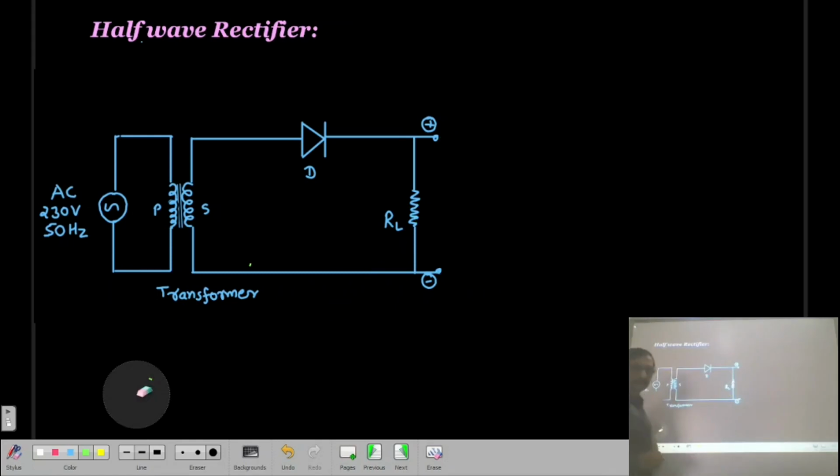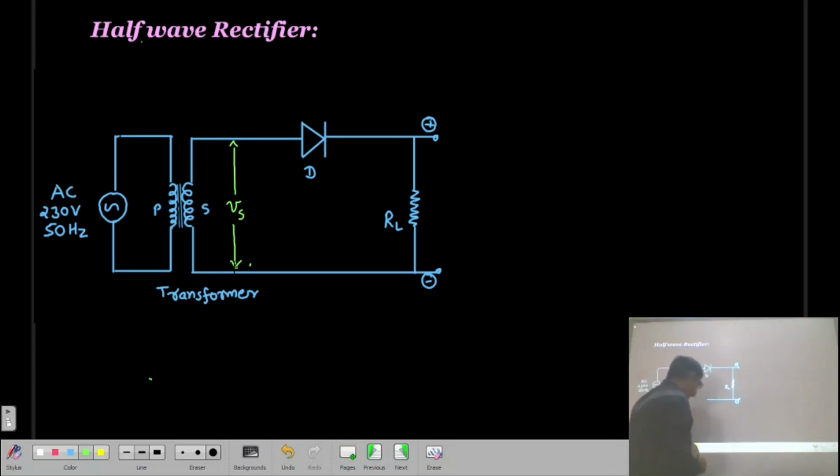Now let us see the working of the rectifier circuit. Here in the primary, when we apply 230 volts, the voltage will be induced in the secondary. Let us say this voltage is Vs, the secondary voltage, and it is an AC voltage.